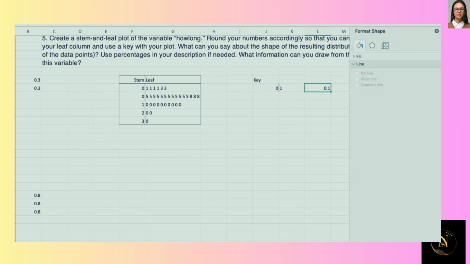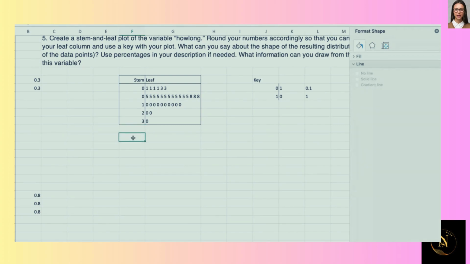And I'm just going to move this over. So 0, and then the line, and 1 equals 0.1. We can also say that 1, and then the 0 here equals 1. And I'm just going to put these here. Okay. So there's my stem and leaf.